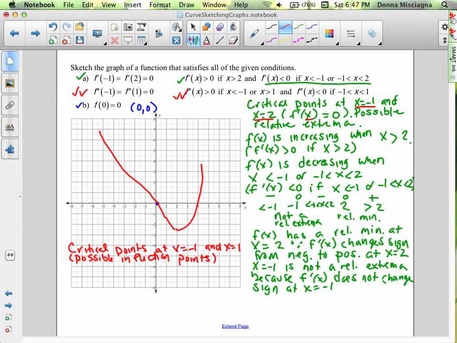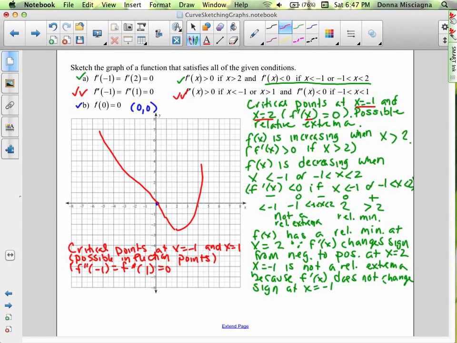And how do we know? We know that because f double prime of -1 equals f double prime of 1 equals 0.